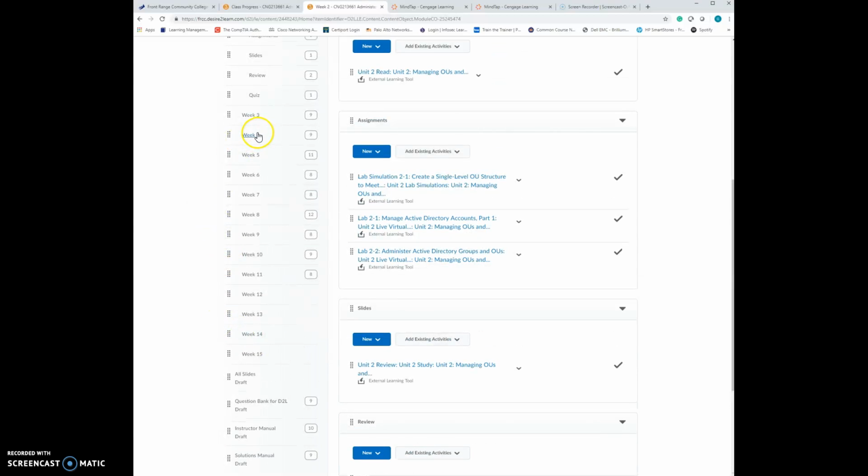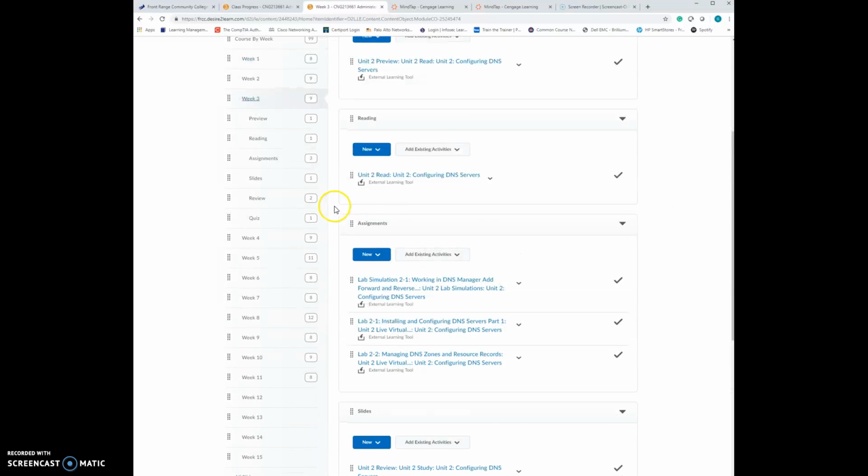When we get to next week, it's going to say chapter 2 again, and we're going to be looking at DNS from another book to make sure we cover that topic. Getting more into how everything at a feature level comes together.